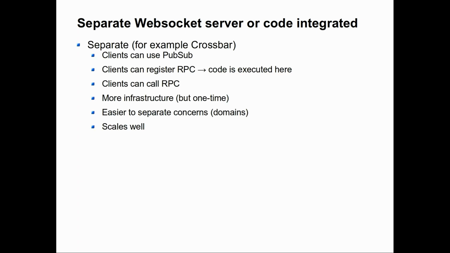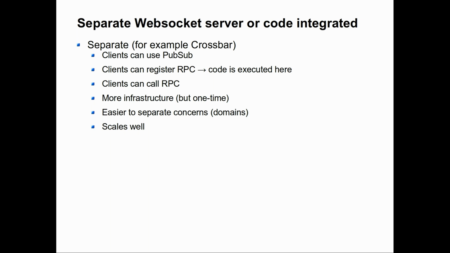Now, both have advantages. If you use a separate WebSocket server, for example, Crossbar is the most common one, you can use things like PubSub because it's already available in that WebSocket server. You can have a client connecting to the WebSocket server and registering an RPC call, which we'll see later.